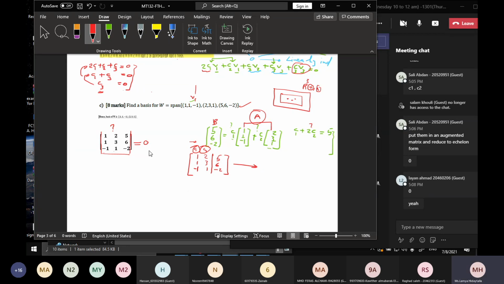عرفت كيف أنا dependent? When I put it in a matrix and reduced to the echelon form, I found that the column corresponding to this one has no leading one. This vector depends on what? On this one and that one. Okay, actually that means I can find it in terms of the others.